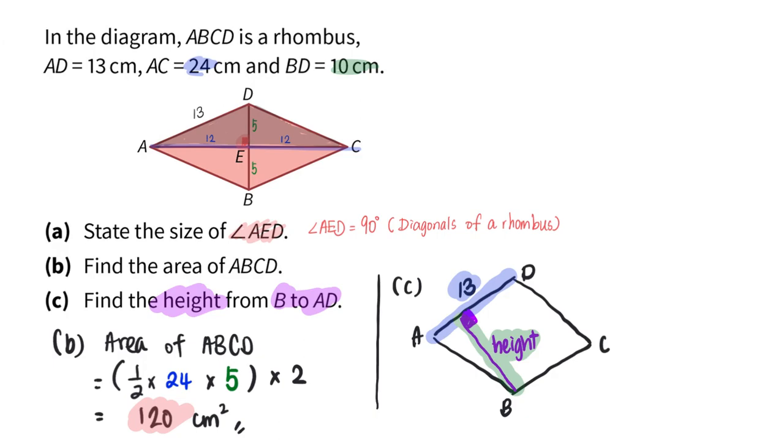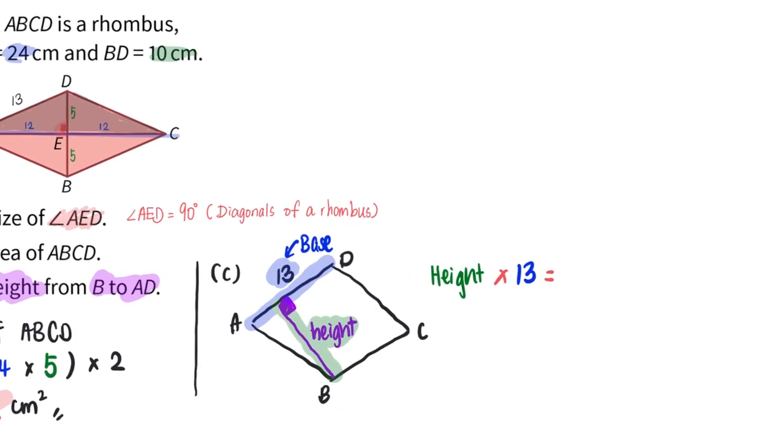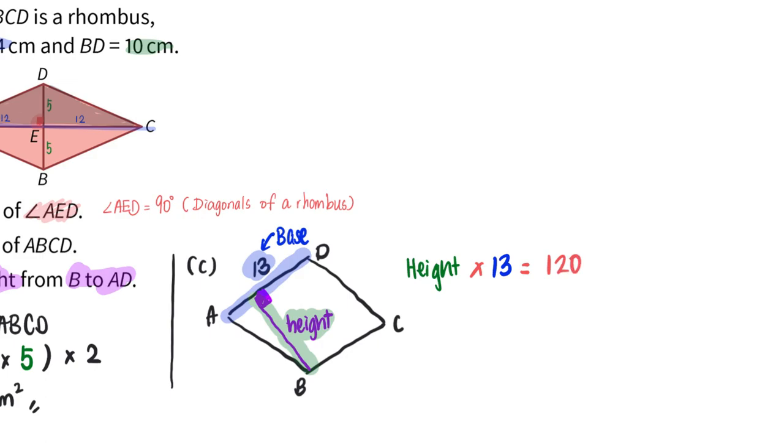And therefore, I could simply write down my height multiplied by the base, 13. This is my base. It will be equal to my area, 120. So I could find this height pretty easily.